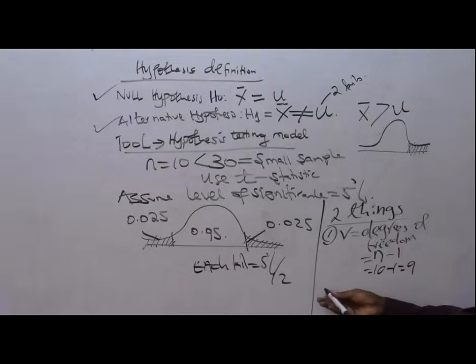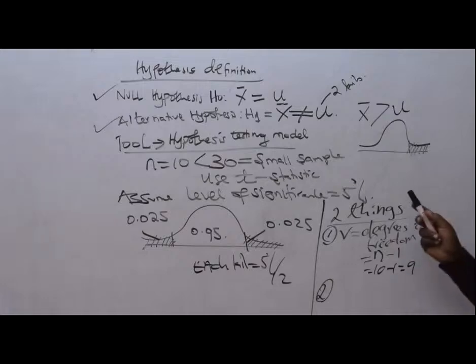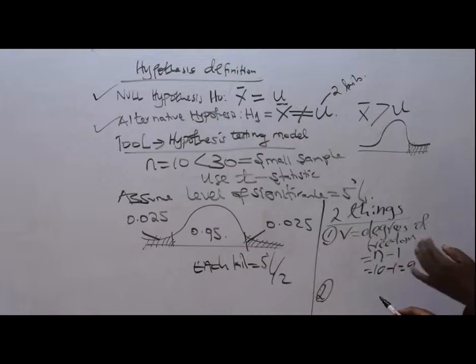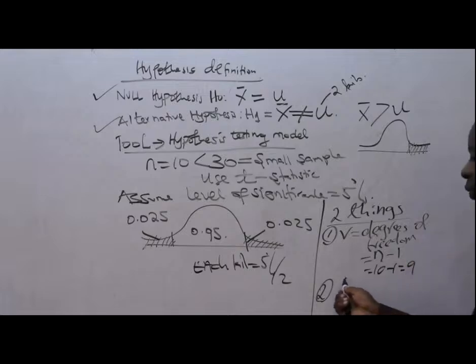And then number 2, I need the level of significance, this 5%. Alternatively, for you to get this straight from your tables, to read the T, you will need what we call 1 minus alpha over 2.